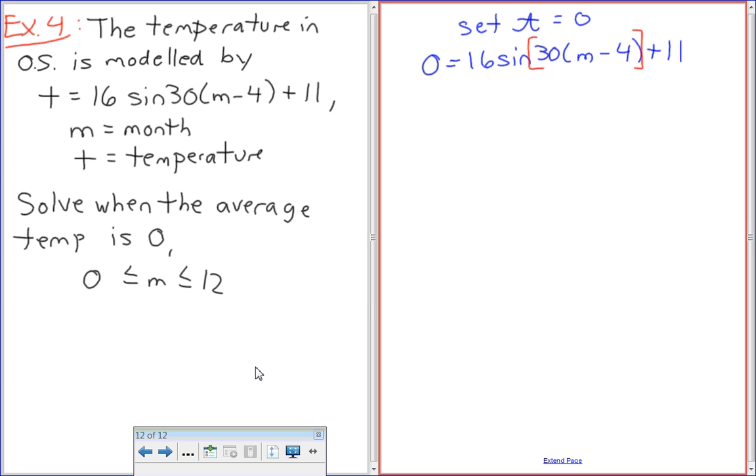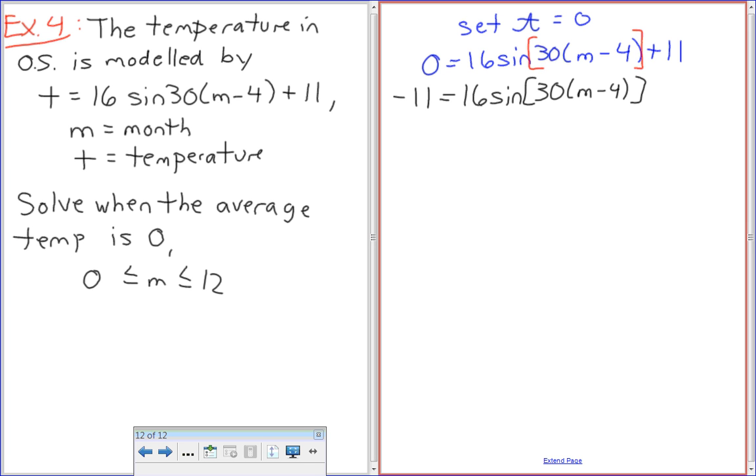Albert, let's start with you. If you're solving for M, what's the first thing you need to get rid of on the right-hand side, please? Plus 11. So I'm going to call that negative 11 equals 16 sine. Good. All right. Madison A. What's the next step, please?